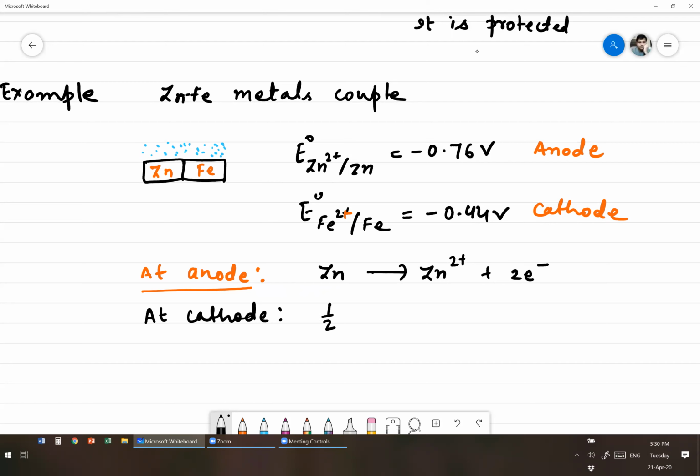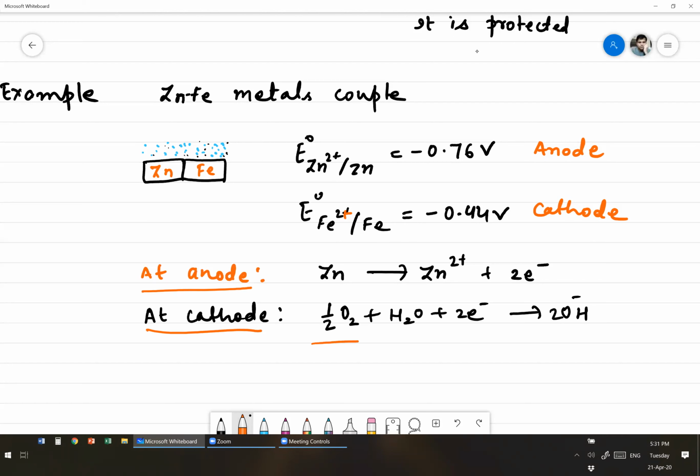As you know, cathodic or reduction reactions depend on the nature of the medium. If the medium is neutral, like moisture, water, which is neutral in nature, then the oxygen present in the water accepts these electrons and is reduced to hydroxide ions. So this type of reduction reaction takes place here.